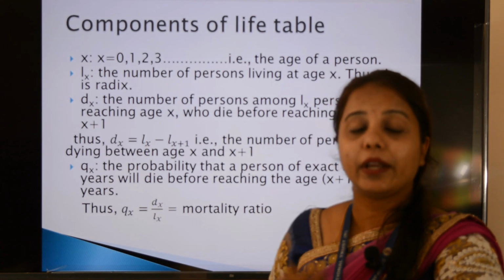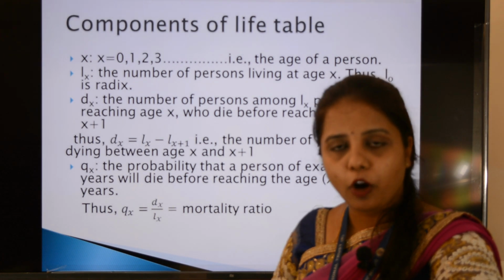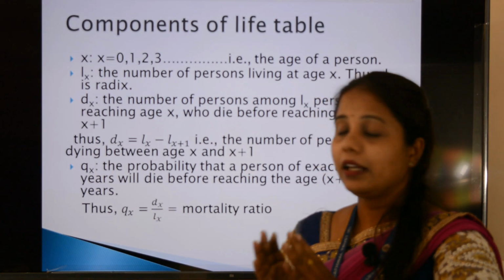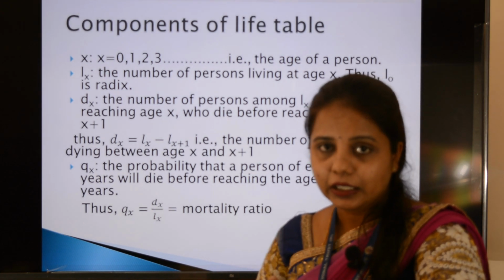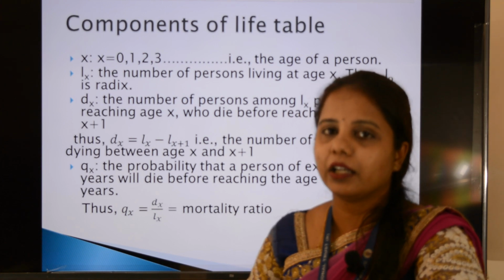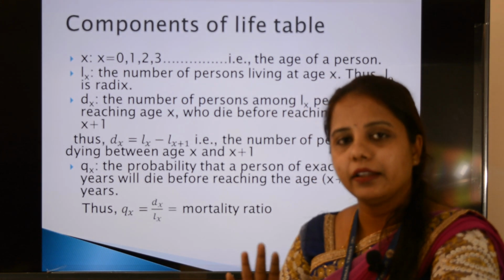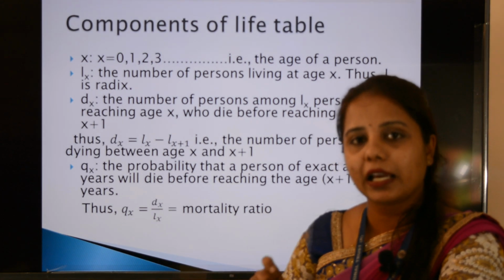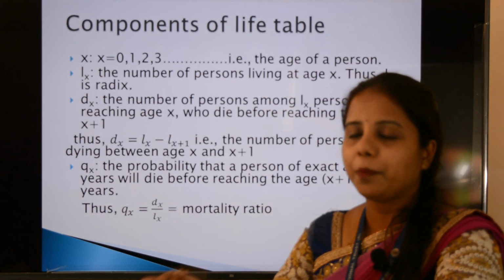Then l20 means the total population at age 20. So I repeat, lx is the group of people or the population at the age x, and this is generally known as radix because that will be the size of that particular population.